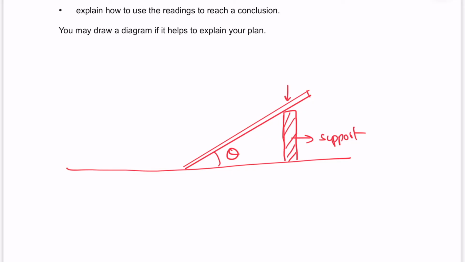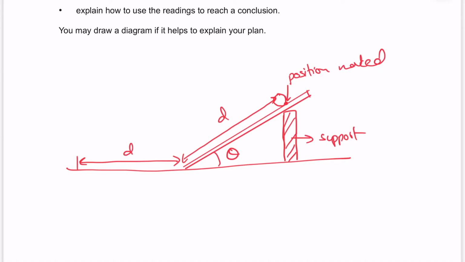We'll mark this position for the ball, and we have to label this as total distance.